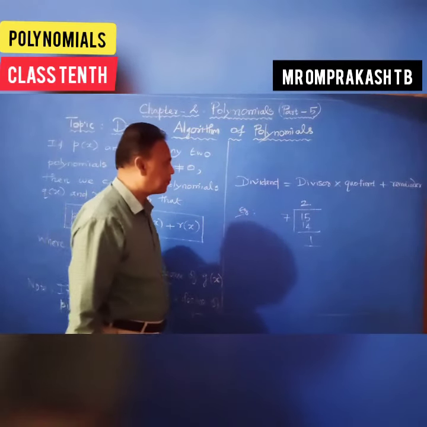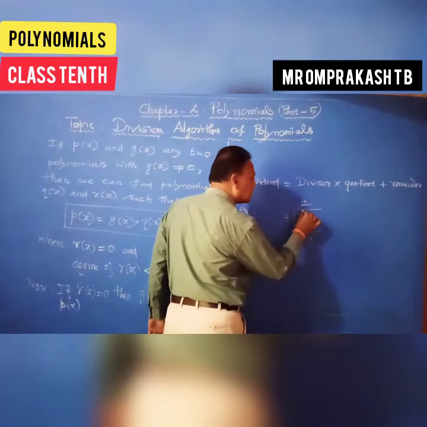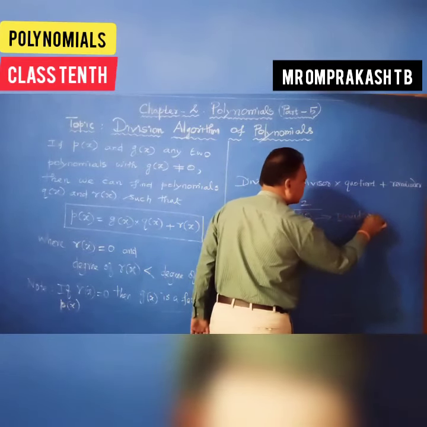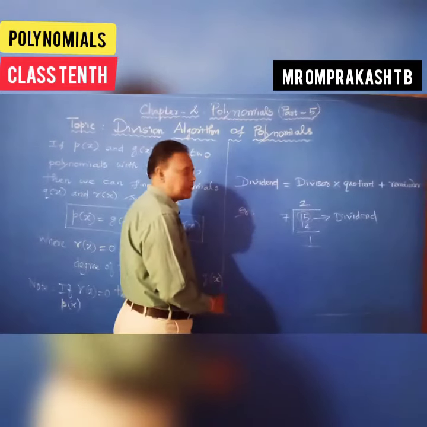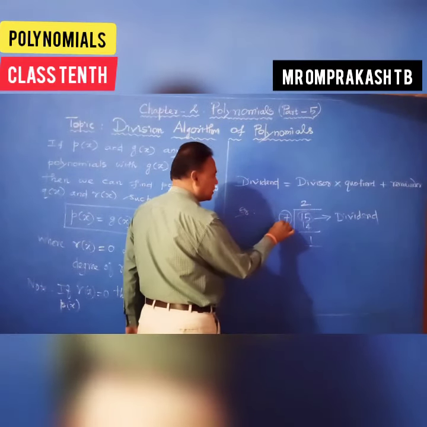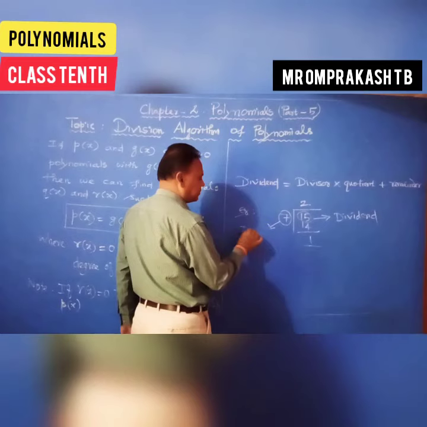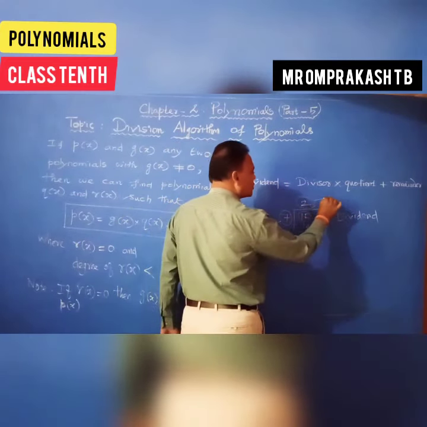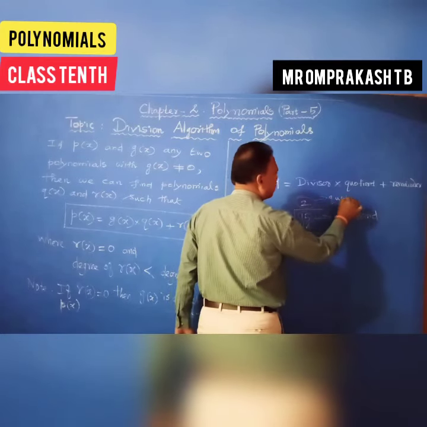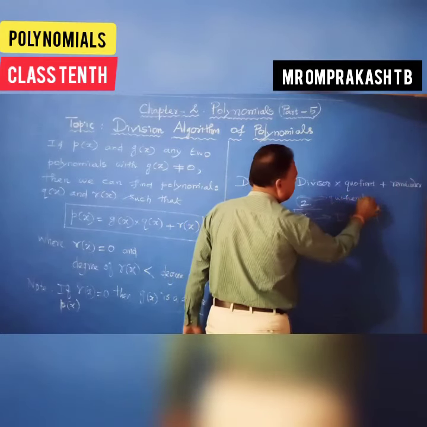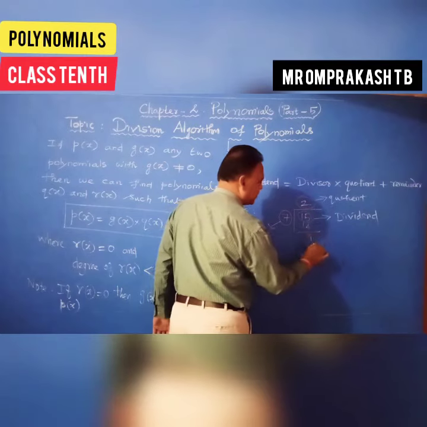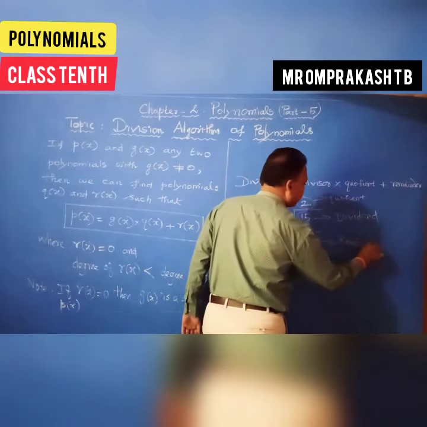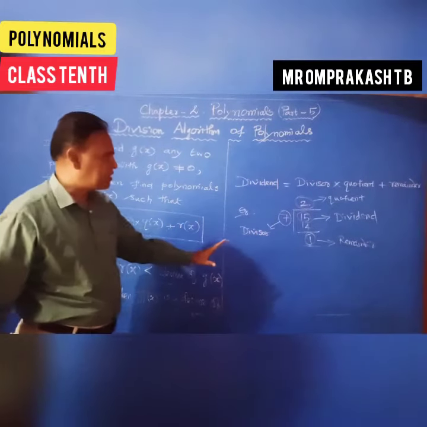Remainder is 1. Now you see, this is dividend, this is divisor, this one is quotient, this is remainder. Now understand.